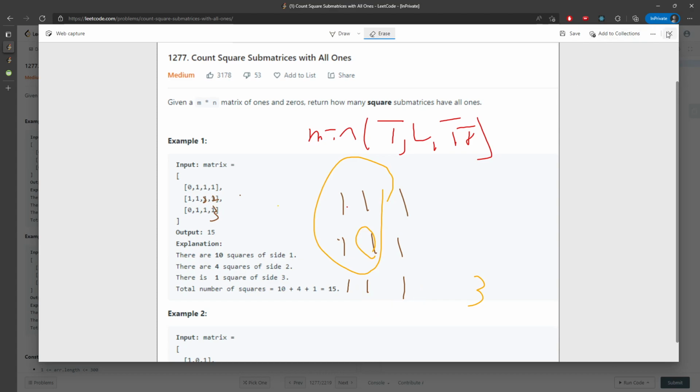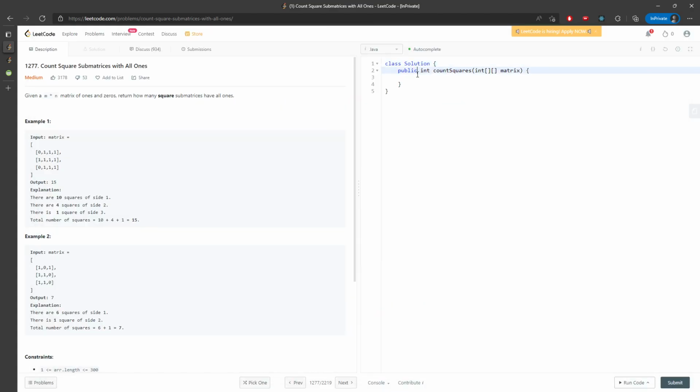And this is the solution, so let me code it and you'll be able to follow along. You need to return a value for the result. Return result. And then I also need m equals matrix length and n equals matrix at 0 length, and then traverse the entire matrix.